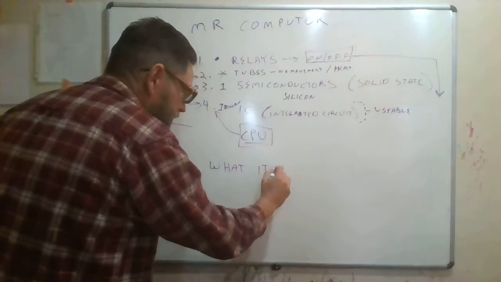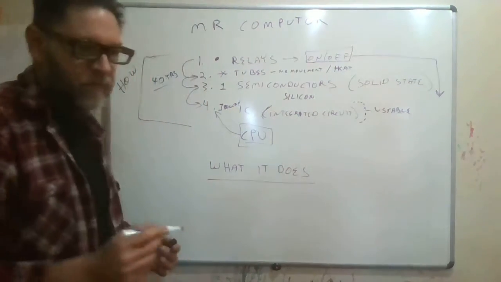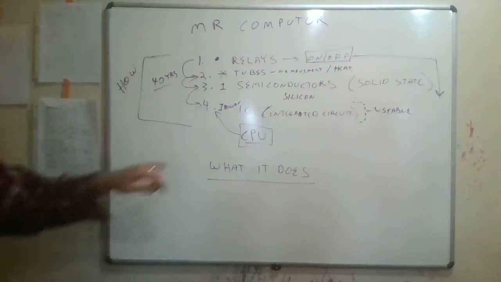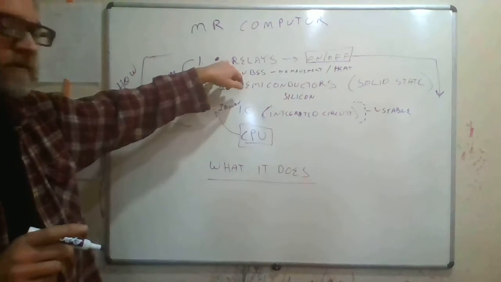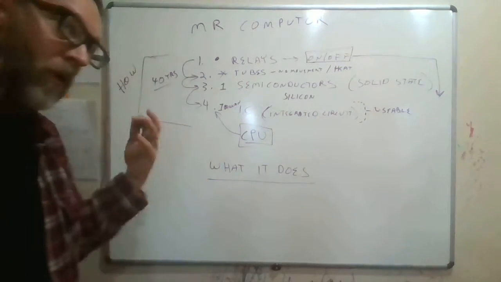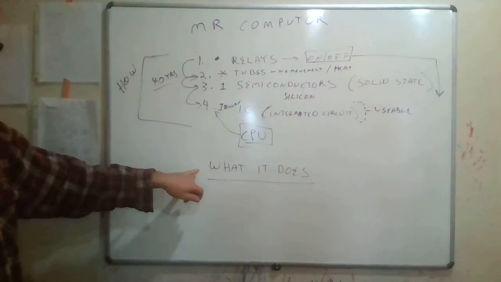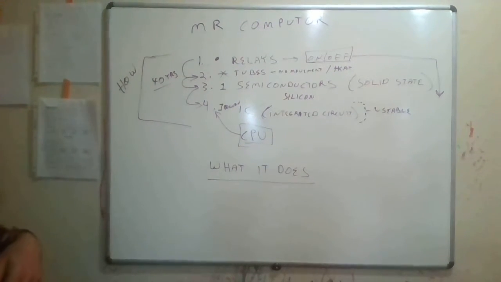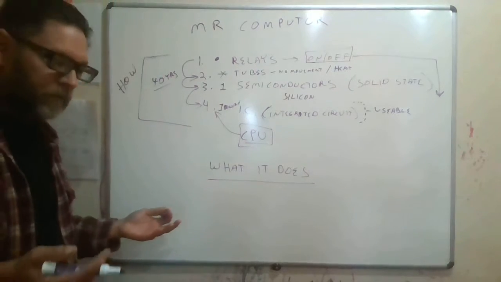What it does. What a computer chip does at this level is exactly the same as these relays up here. And this is the key, if you want to go in the computer industry, the key is understanding what it does. Because that's never changed. A computer is a computer, and it's no different.